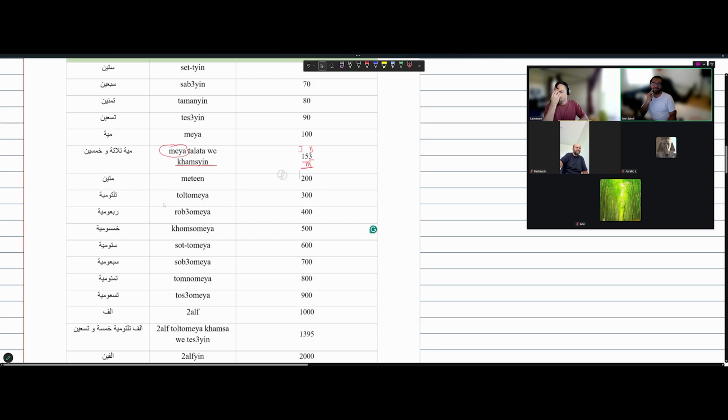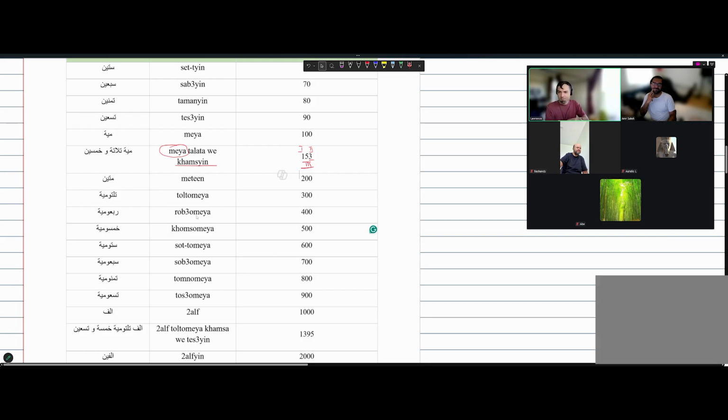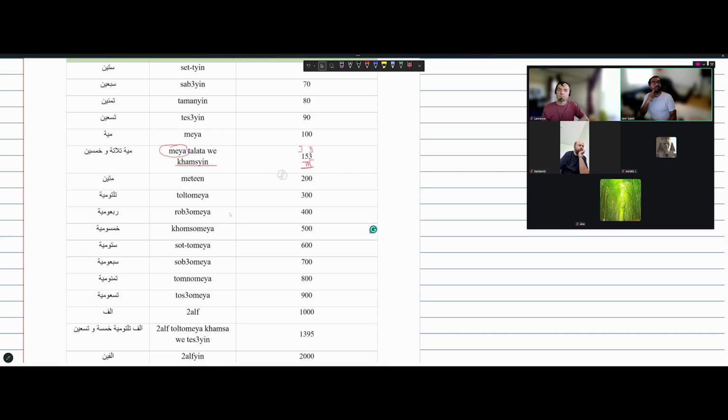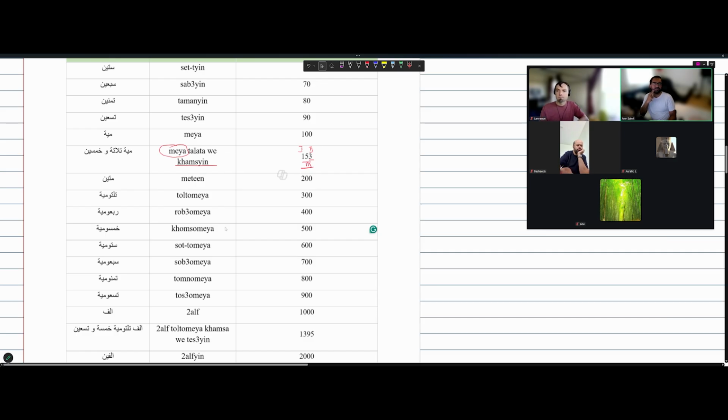So if the meaning shifted, how would you then say the fraction? I think I would pause: rob'a, meya, and I wouldn't add the O. So instead of saying rob'a meya with the O, I would drop the O. Would you say it this way, Ashani?